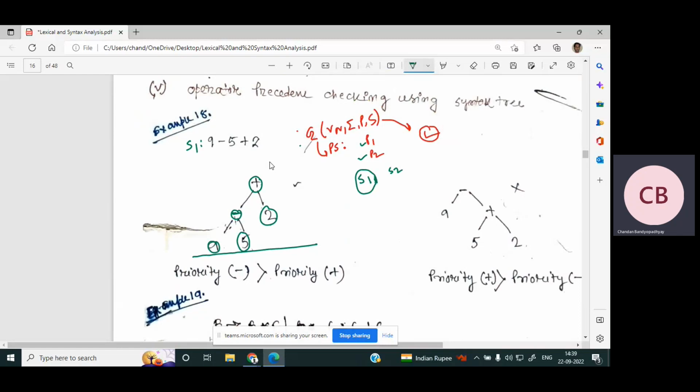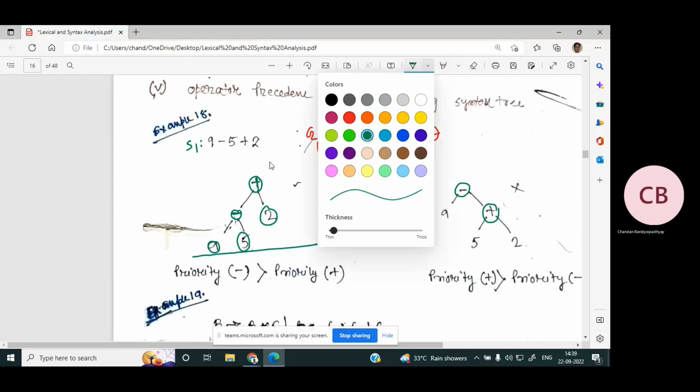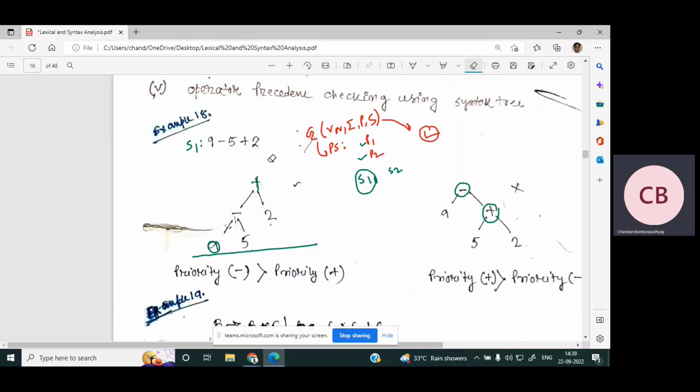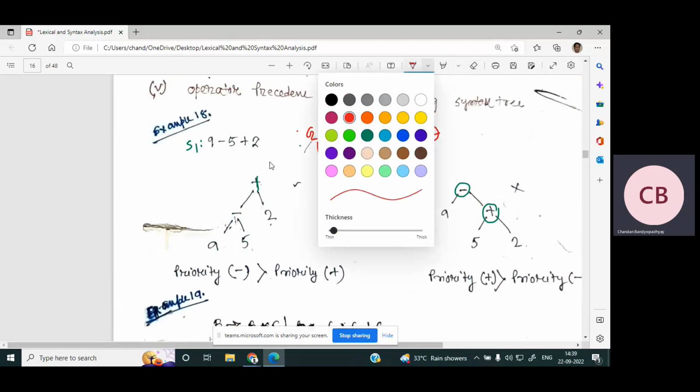Minus is coming here and plus is coming here. Or even I can start with this architecture as well: 9 minus 5 plus 2, where plus is coming to the bottom part and minus is coming to the upper part. Now, these are the two scenarios we are looking at here.